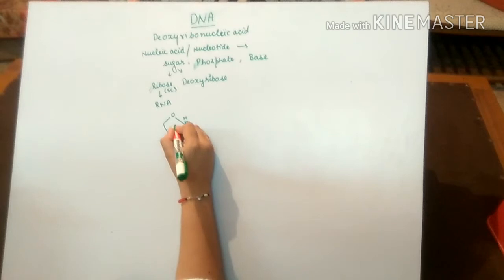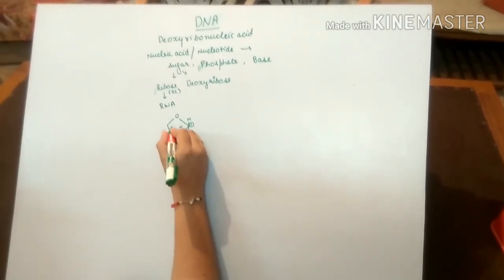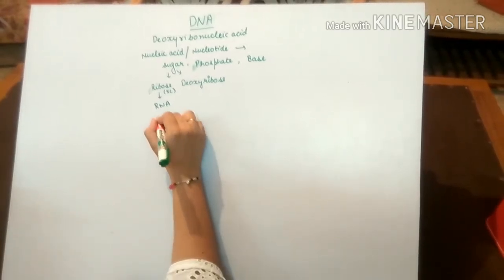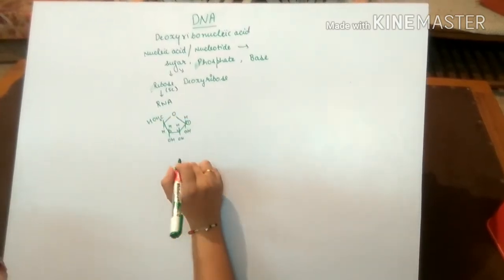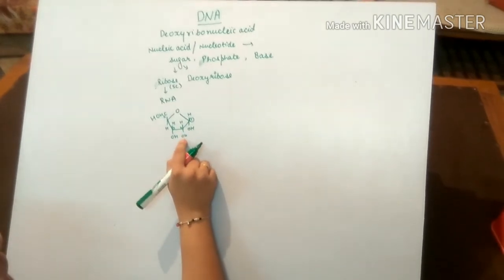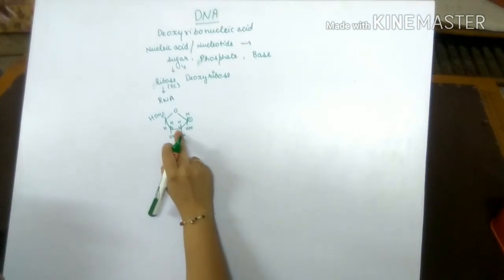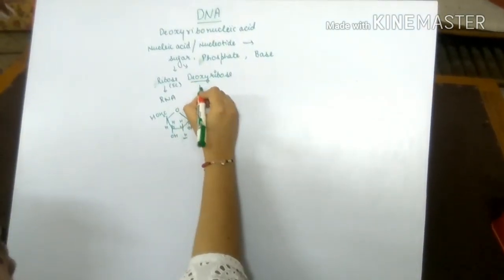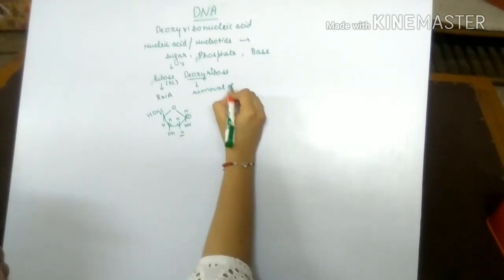This is the first carbon, second carbon, third carbon, fourth carbon, and a fifth carbon. So, in ribose, the second position is taken by the OH molecule, but in deoxyribose, it is only H, which means deoxy means removal of oxygen.